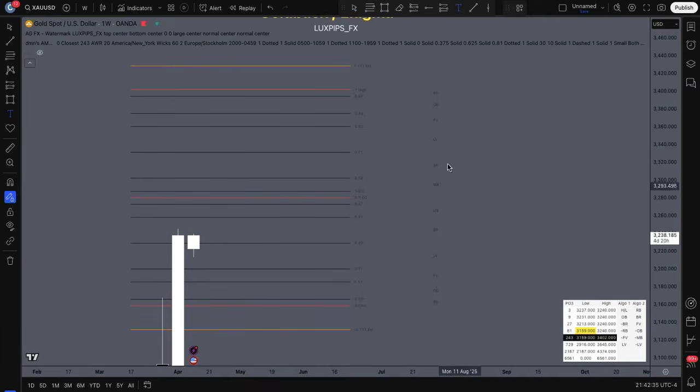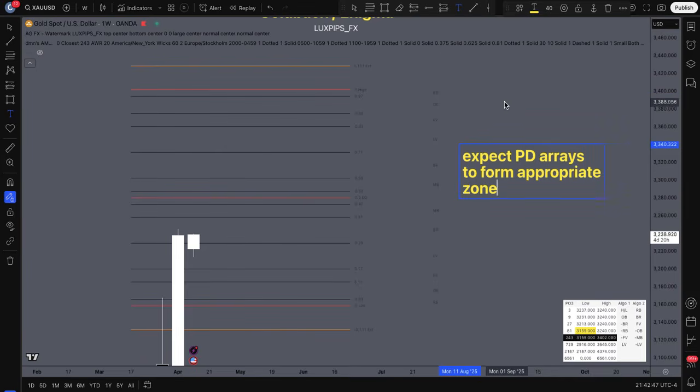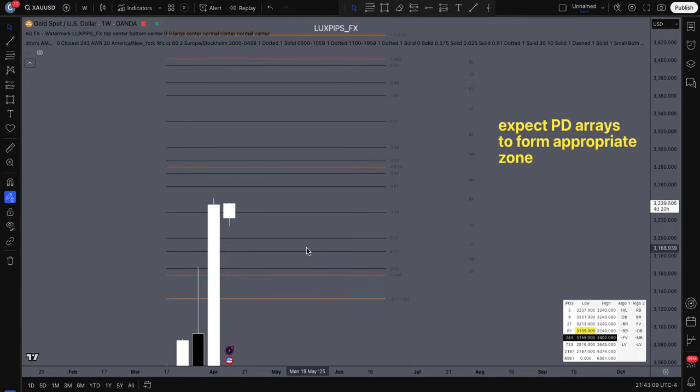At these partitions, you can expect PD arrays to form in their appropriate zone. So basically, it's a rejection block zone, order block zone, fair value gap, liquidity void, breaker, and mitigation block. In these zones, you can expect to find its PD array. For example, in the FVG zone, you can expect to find an FVG.